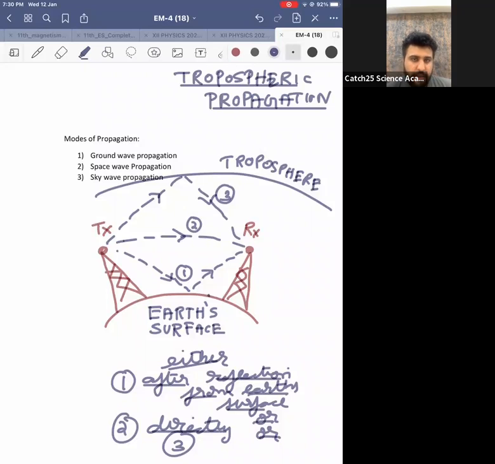It is called space wave propagation or tropospheric propagation.